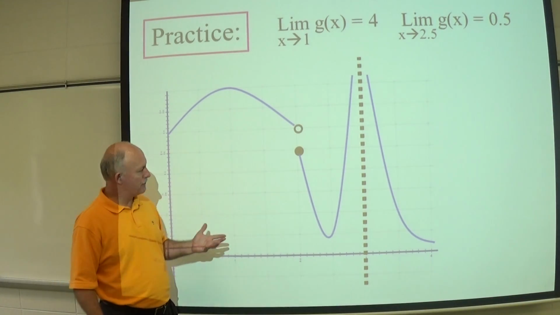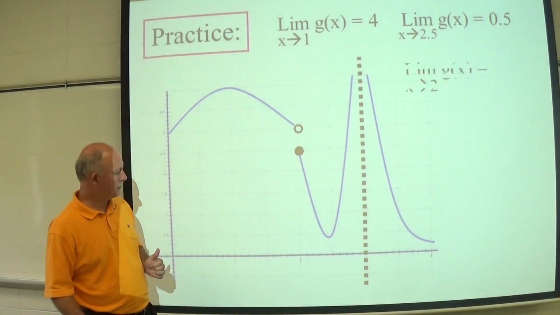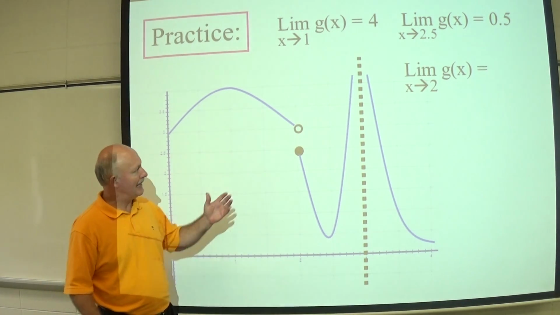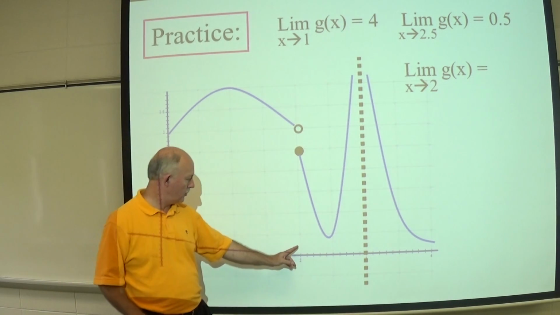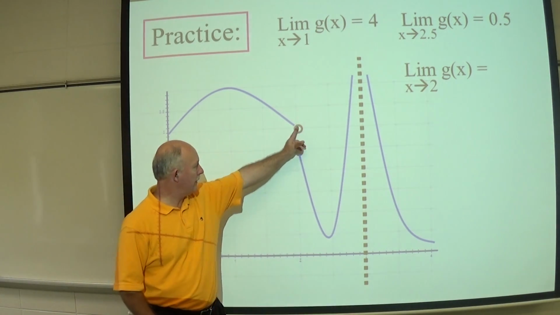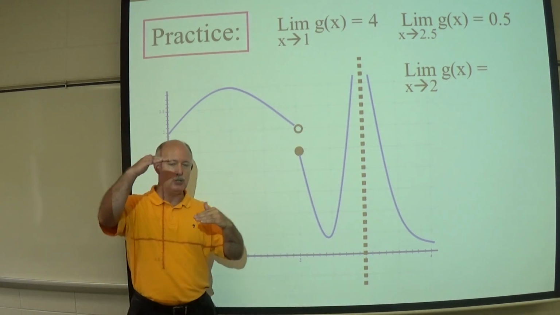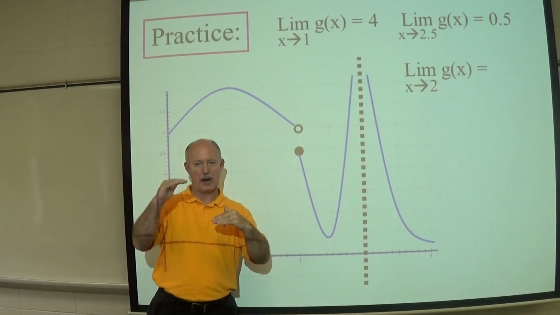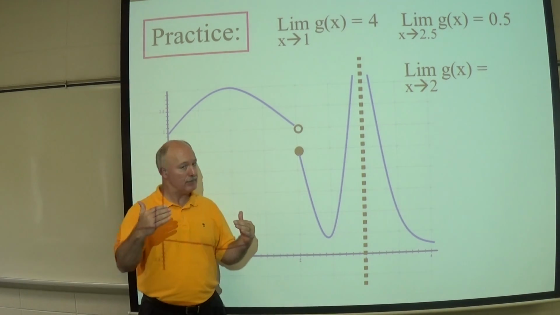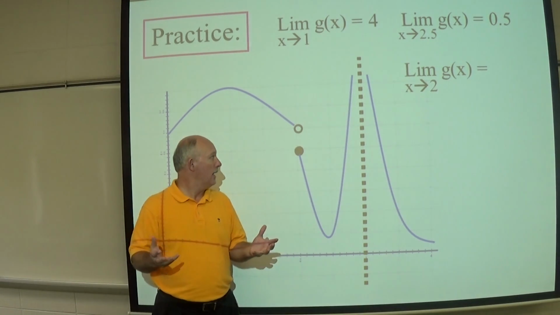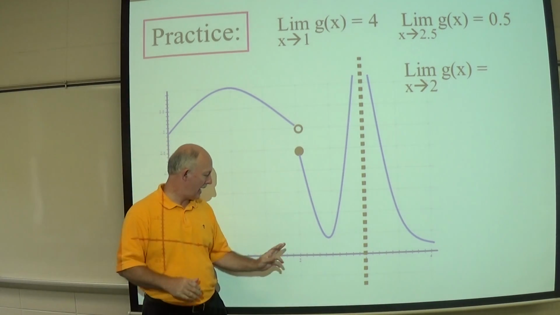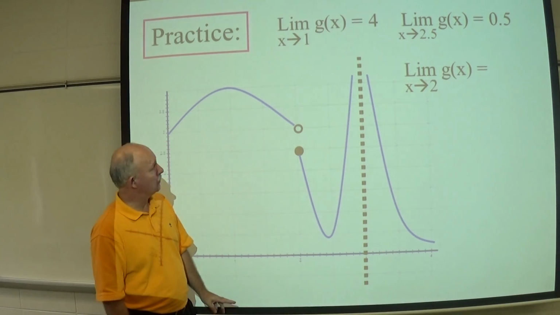Okay, let's try another value off our graph now. Let's try the limit as x approaches 2. So this is 1, 2. Now coming up to the graph, you'll notice you can see the jump or the gap in the graph. That indicates that the left-hand limit and the right-hand limit are different. So there is no limit at x equals 2.